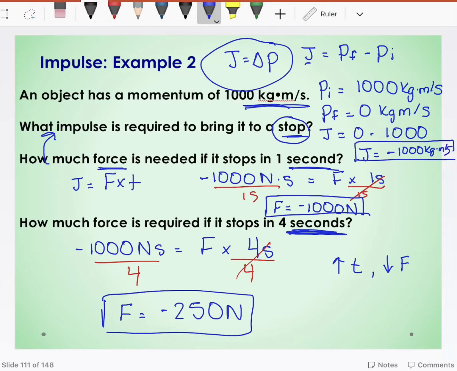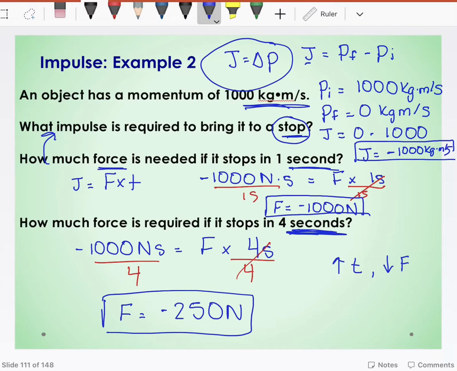Now, let's say that same car was traveling at the same speed, and instead of running into a concrete barrier, you ran into a phys ed crash mat. The car is going to stop in a longer amount of time, right? Because it's going to give into the crash mat.